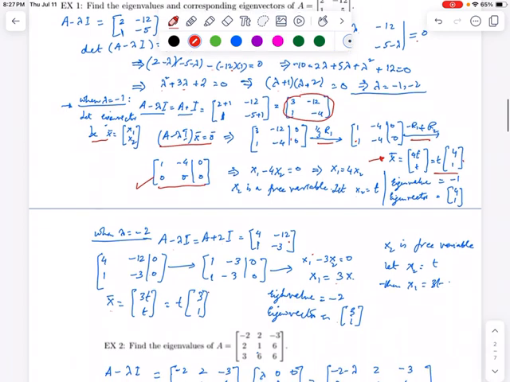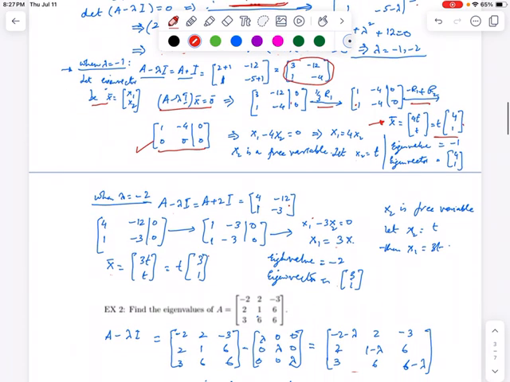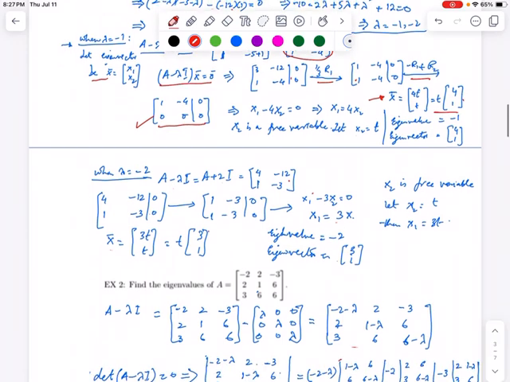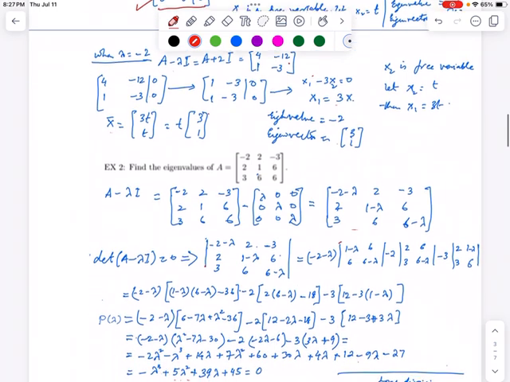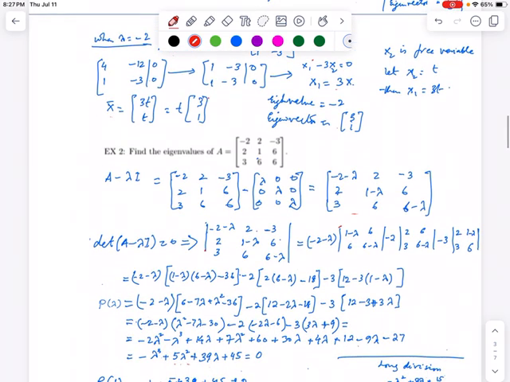In the same way, here I have shown how to do a similar process for lambda equal to negative 2. Okay, now let's look at this next example. It says find the eigenvalues of A. So we are just finding the eigenvalues, we are not finding the eigenvectors here.